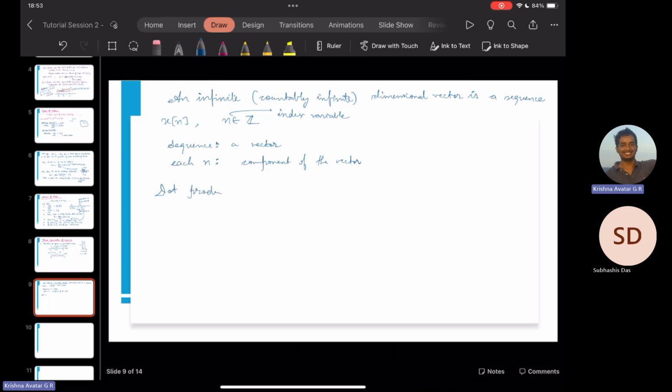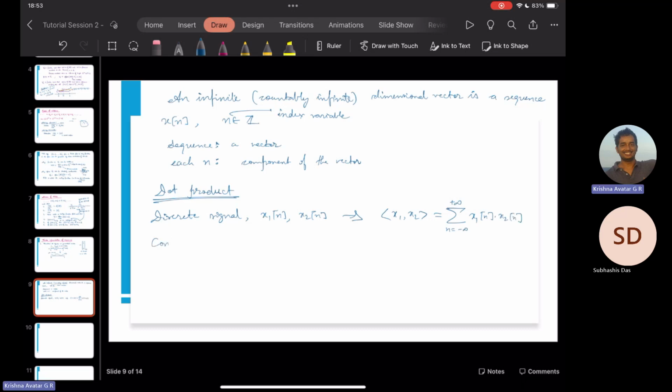What do you mean by dot product? Right? So for a discrete signal, if it is say x1n and x2n, then the dot product between these signals, we can call it x1 comma x2. This is nothing but the sum of products of the individual components of the signals, which means n equal to minus infinity to plus infinity of x1n into x2n, right?